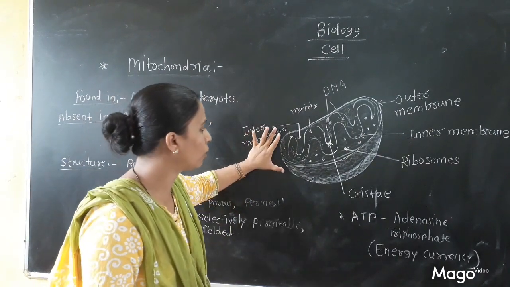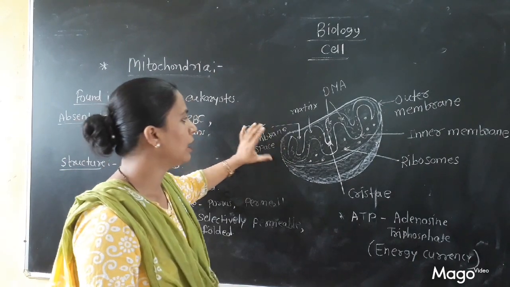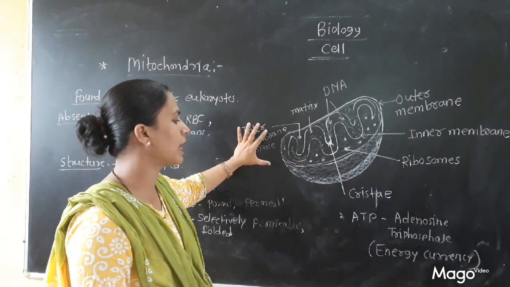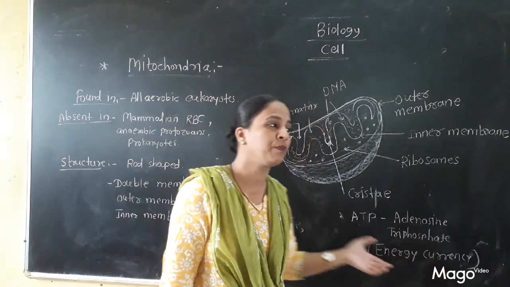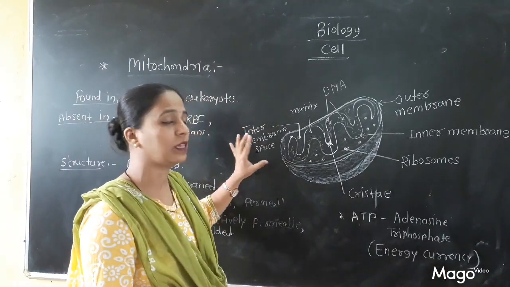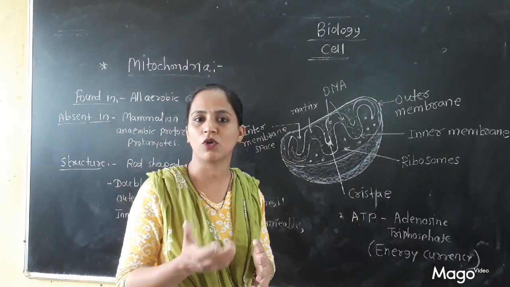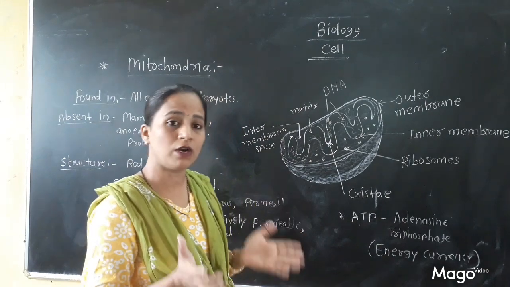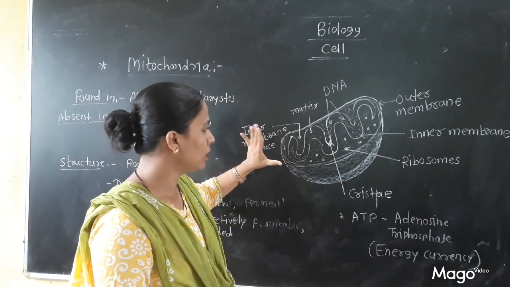The first function is that it is the site for cellular respiration. The second function is to synthesize ATP molecules, which we call the energy currency of the cell. It provides energy in the form of ATP for performing the different works of the cell. So it is also called the powerhouse of the cell.